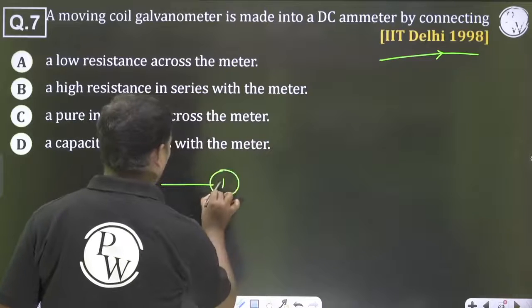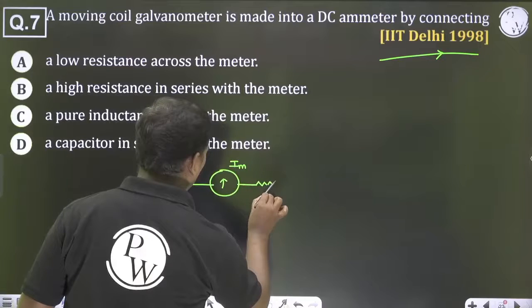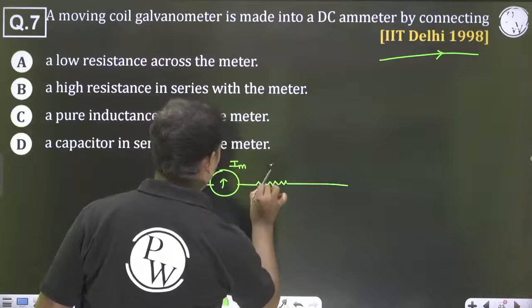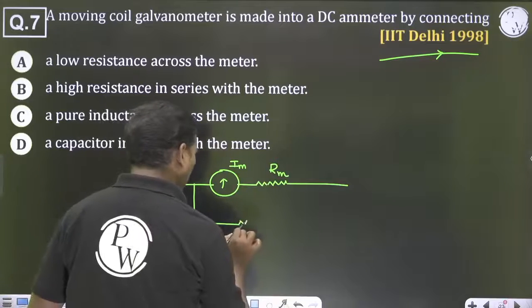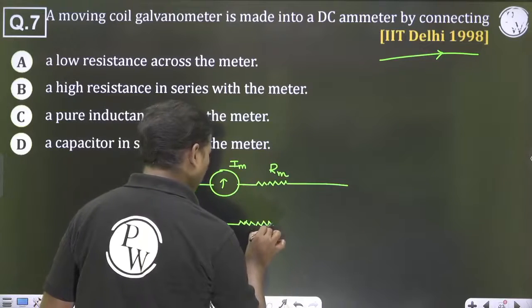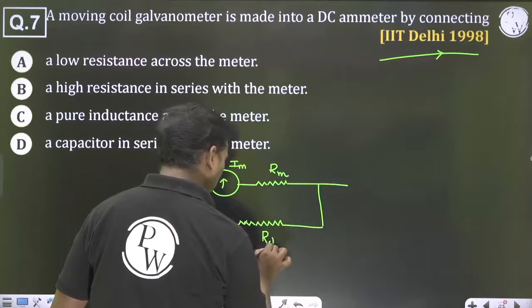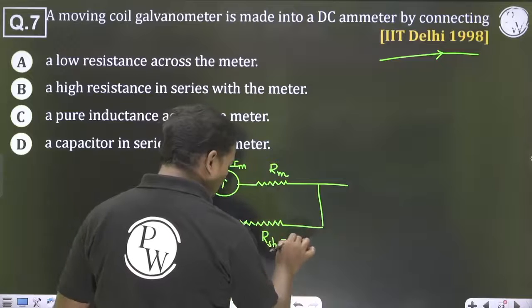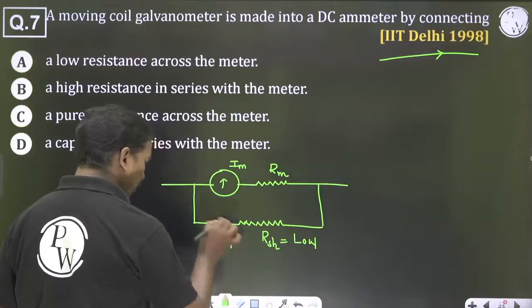So this is the meter current IM and it has some internal resistance, the meter resistance RM, and across it we have the shunt resistance. The shunt resistance must be low so that it can attract more shunt current.